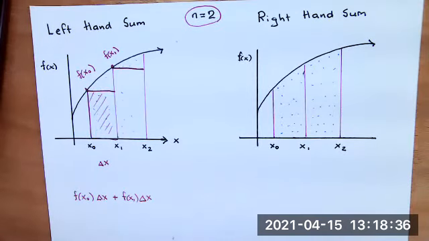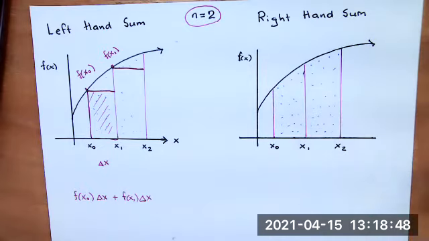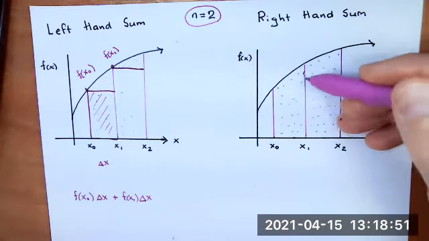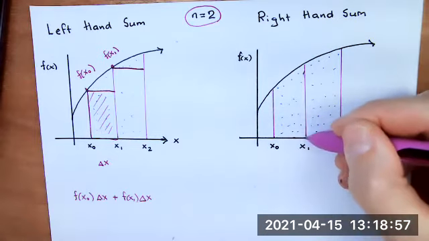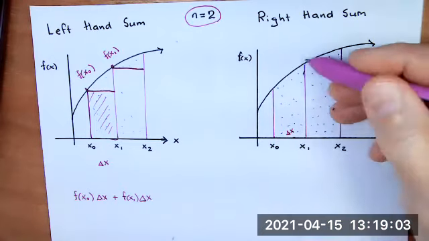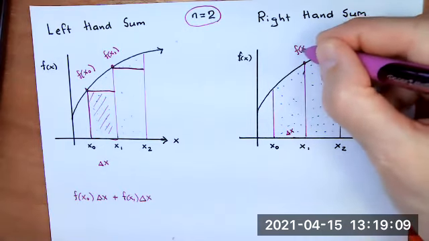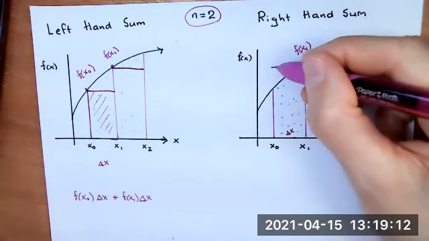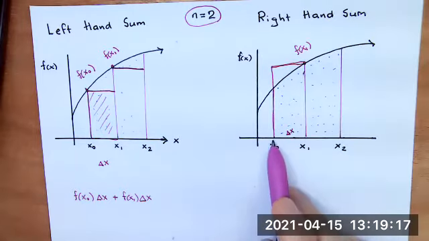All right, let's do the right-hand sum. So for the first interval, which height am I going to use? F of x0 or f of x1? What do you think? If you guessed f of x1, you would be correct. So the size of the interval is delta x. That's the width. The height, we're going to use f of x1. So we're going to multiply that height times this width.